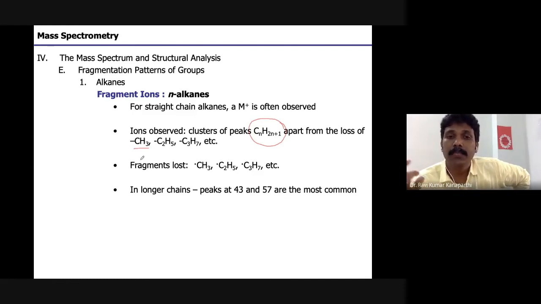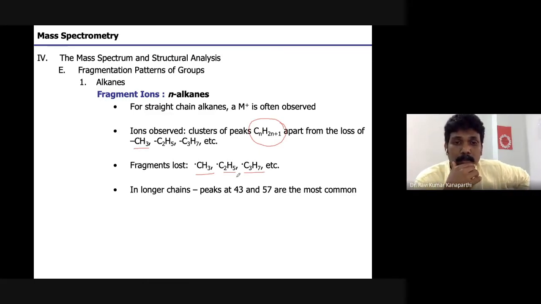These are the general cluster of peaks. The fragments that leave are basically radicals, which are cleaved from the molecular n-alkane, and the appropriate positively charged ions are seen in the spectrum.